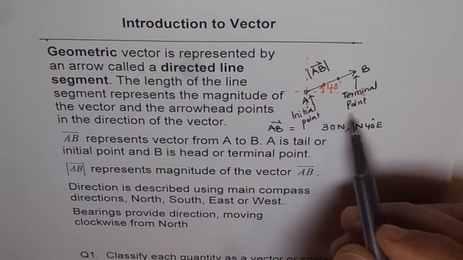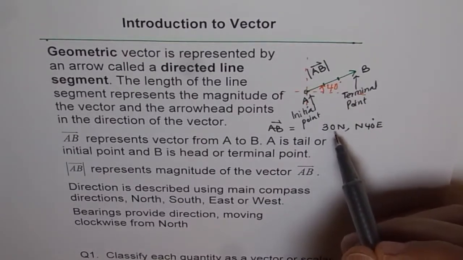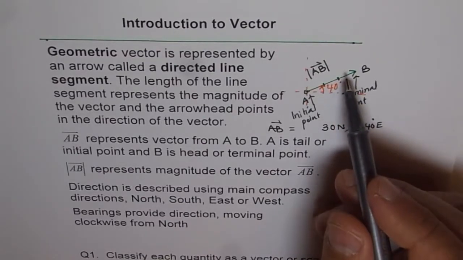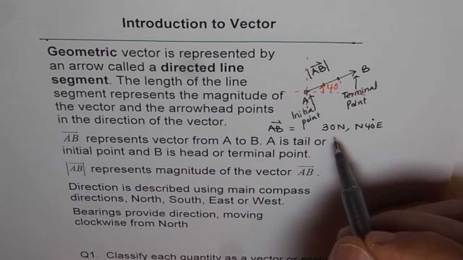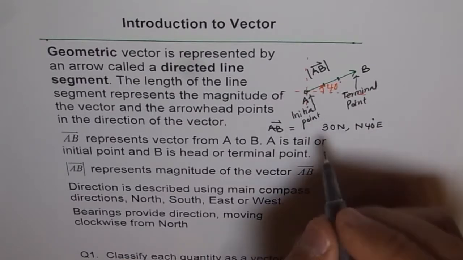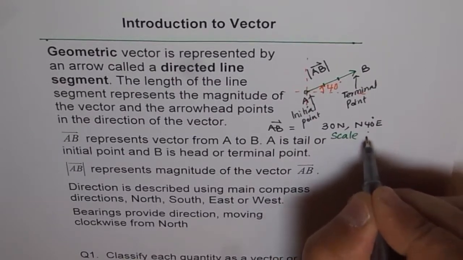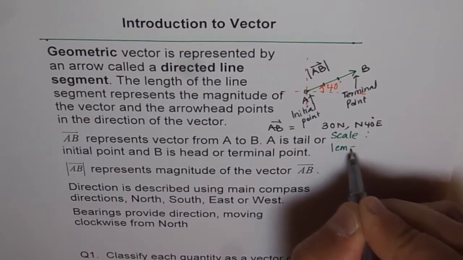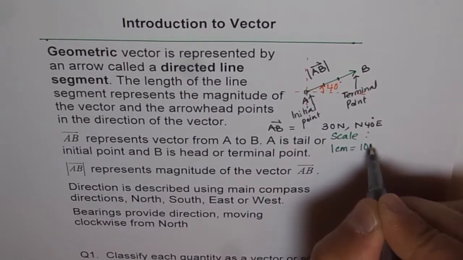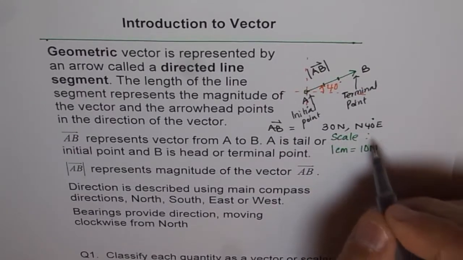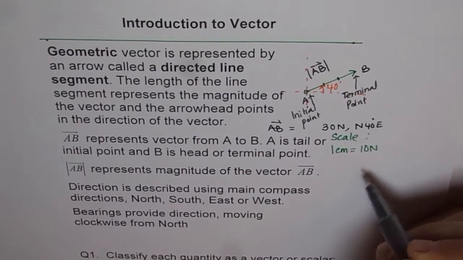So to represent a vector in this form, we need two things. First is the scale, right? So we say our scale is 1 centimeter equals 10 newtons, right? I have just added this example to make things more clear.